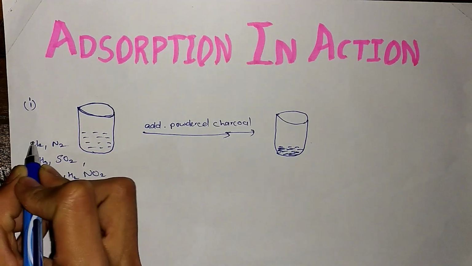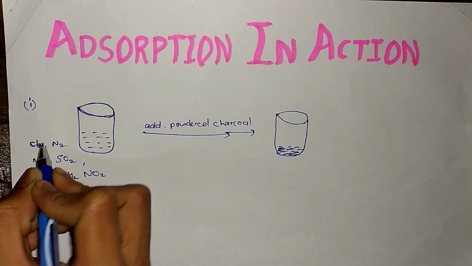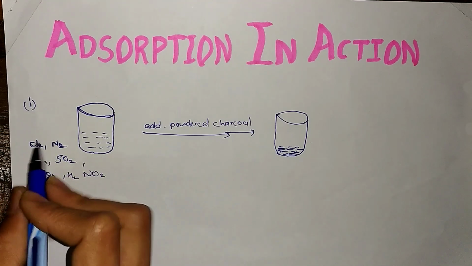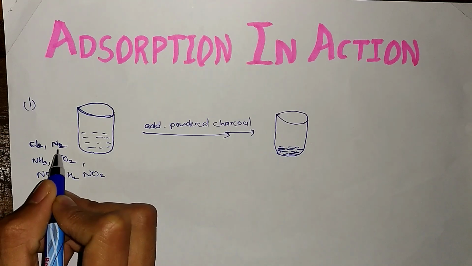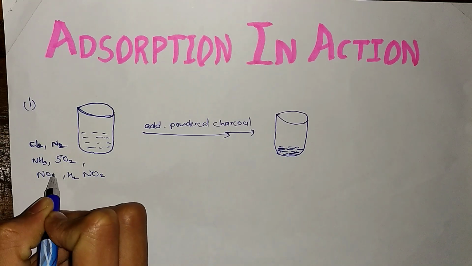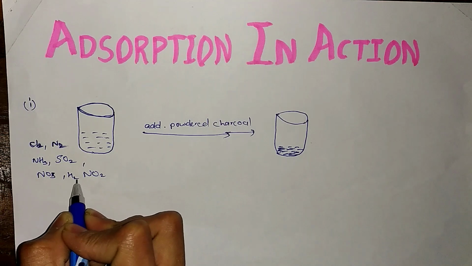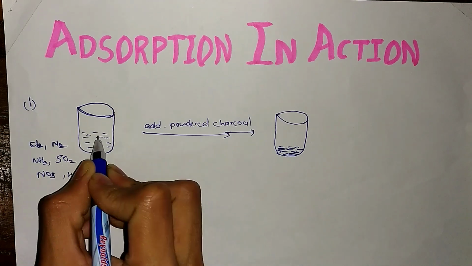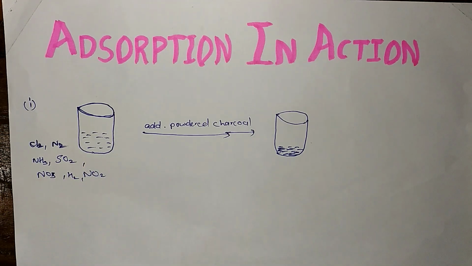In this beaker, we have different gases like chlorine, N2, NH3, SO2, NO2, H2, and so on.